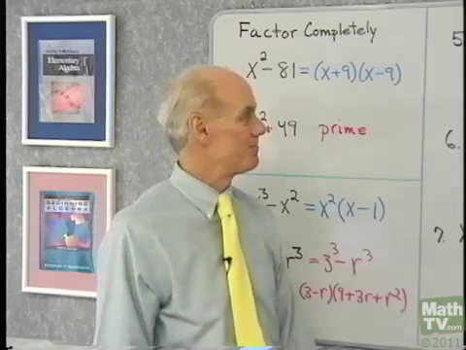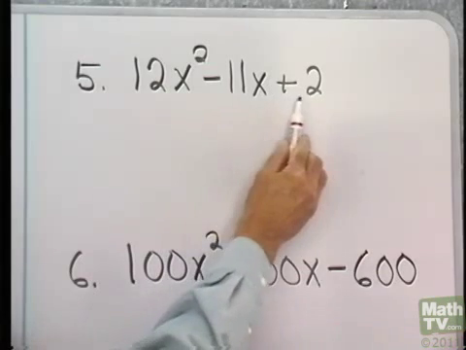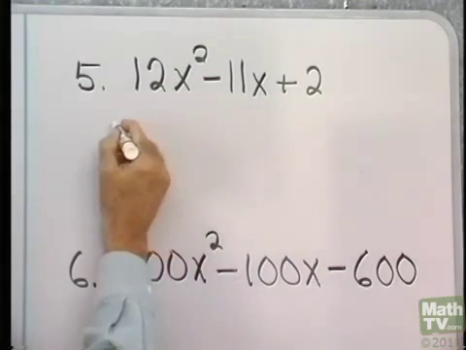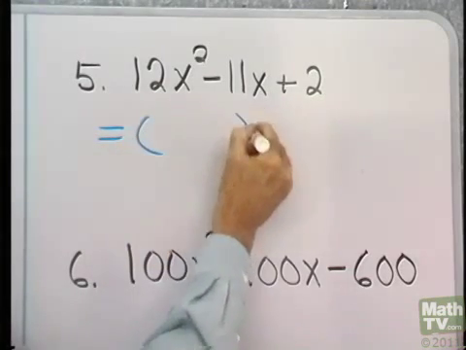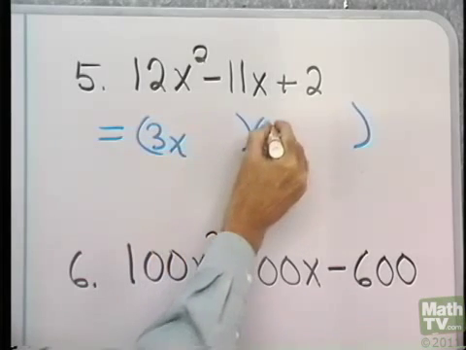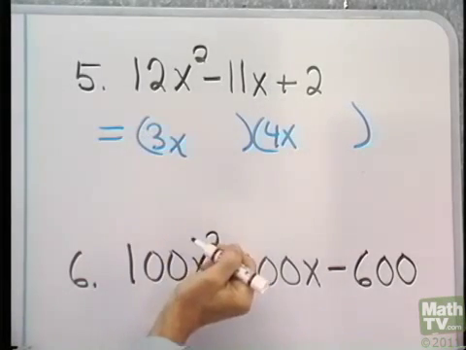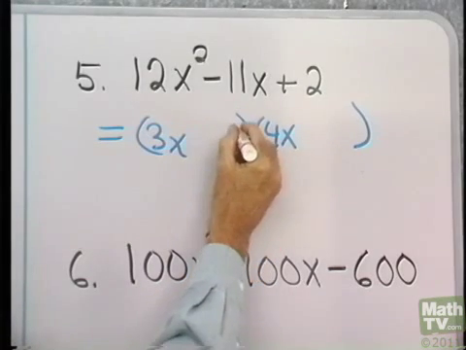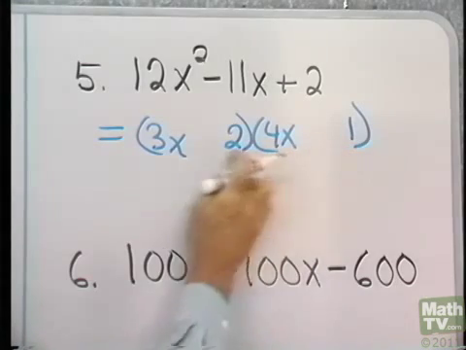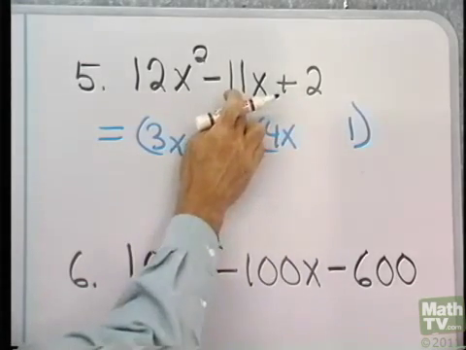Here's the next problem. Problem 5 is a trinomial. I notice that there's no greatest common factor other than 1 for these three terms. For a trinomial, I'll try factoring by my trial and error method. Let's try 3x and 4x, because 3x times 4x is 12x squared, and then my 2, if I put the 2 here and the 1 here, inside I have 8x, outside I have 3x. 8x plus 3x is going to give me 11x.